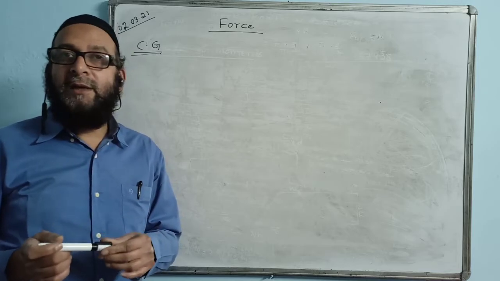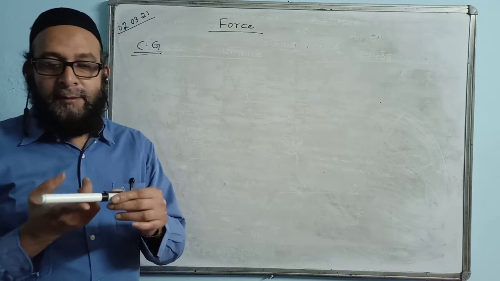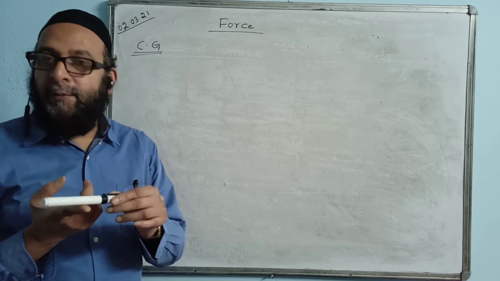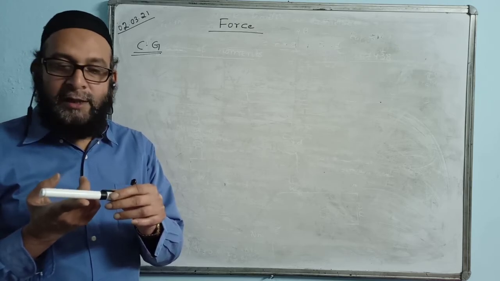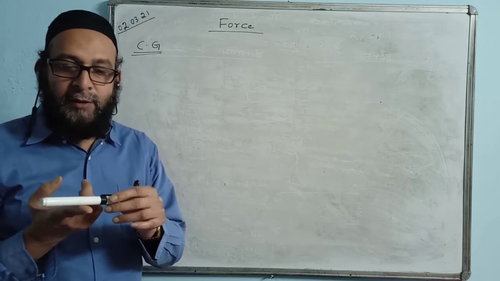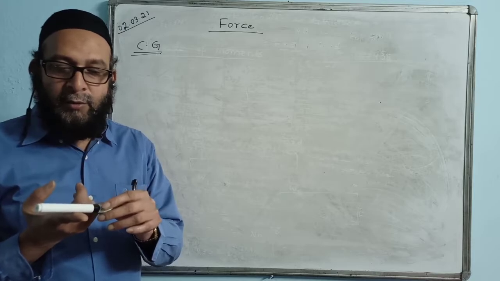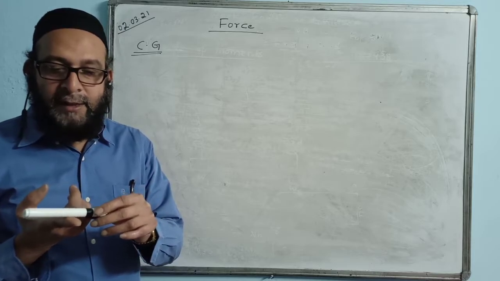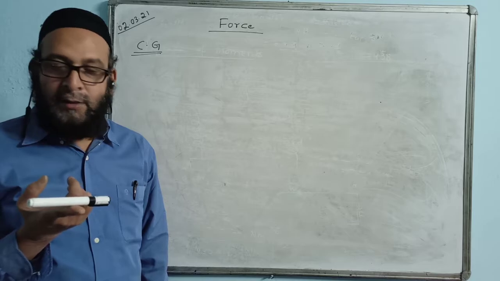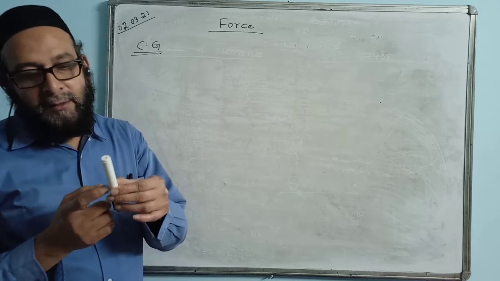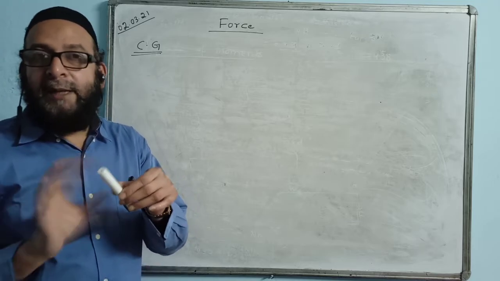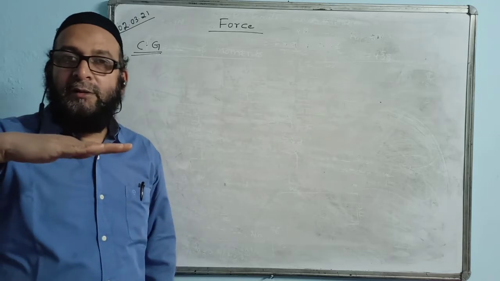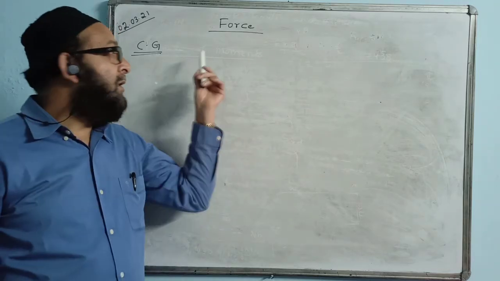One easy method is like this. We keep the body in rotational equilibrium due to its own weight, without using any extra weight, and try to balance it. For example, for this pen, I want to find the center of gravity. I try to balance it on my finger like this. The point about which the body itself balances, becoming horizontal, is called the center of gravity.